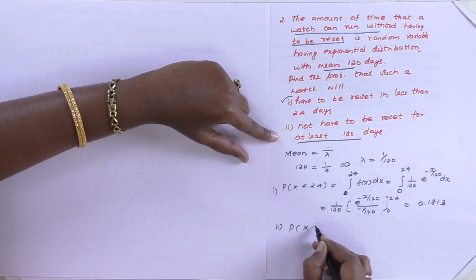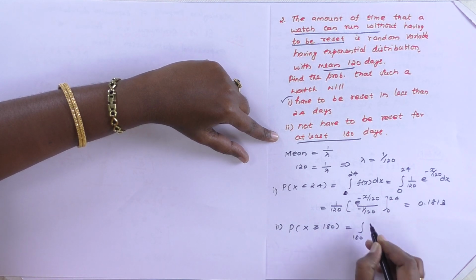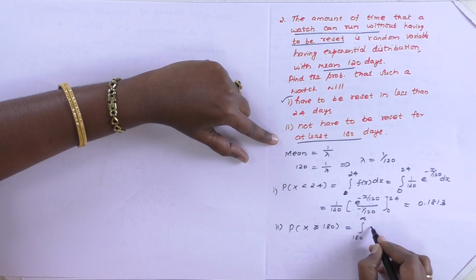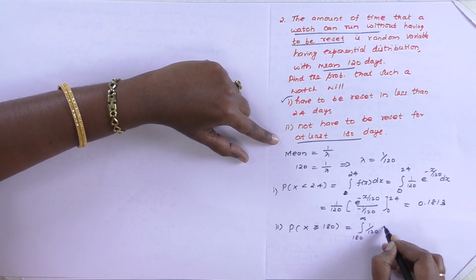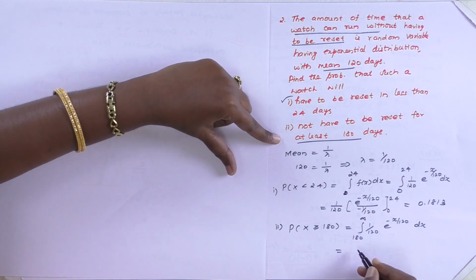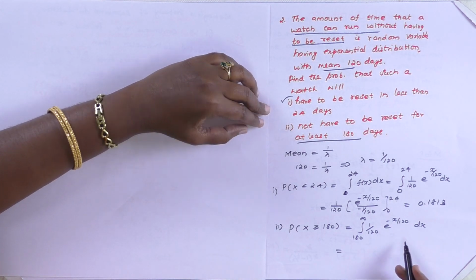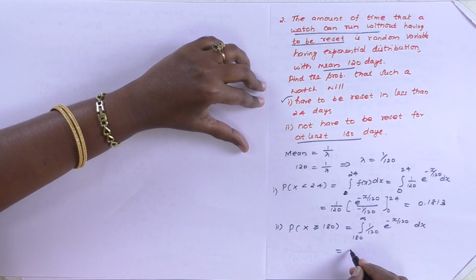That is P of x greater than or equal to 180. The limit varies from 180 to infinity, f of x, 1 by 120 e to the power of minus x by 120 into dx. Now taking integration and substituting the upper limit minus lower limit value, we get the answer 0.2231.